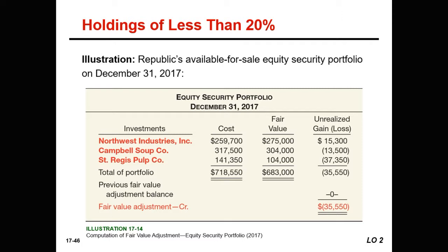Remember, this unrealized gain or loss is actually related to our income because we are using the fair value method. We currently have a loss of $35,550 as the result of the difference between what we paid for these stocks and what they are currently trading for in the market.